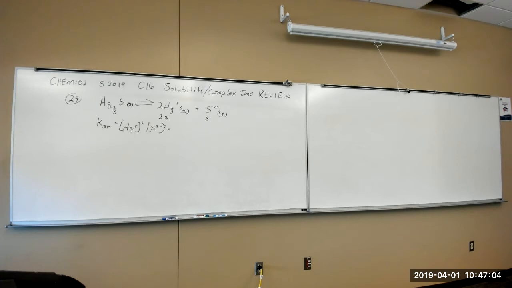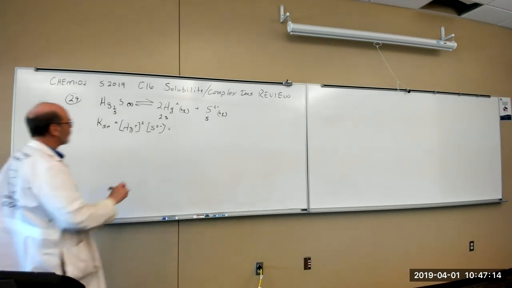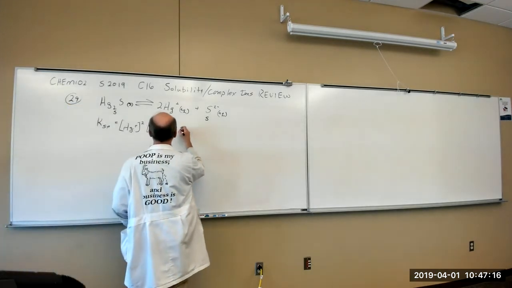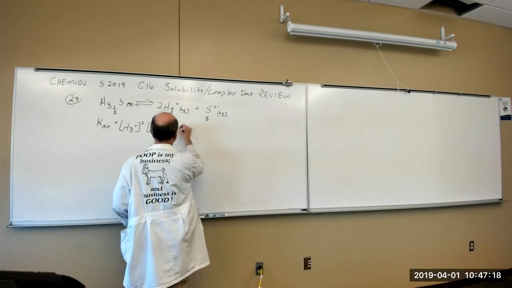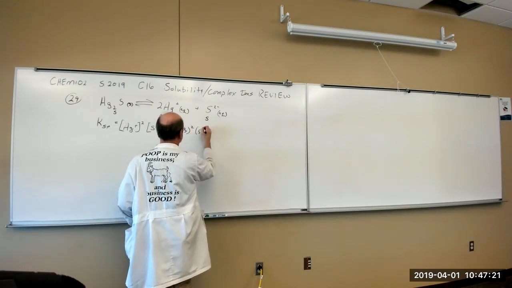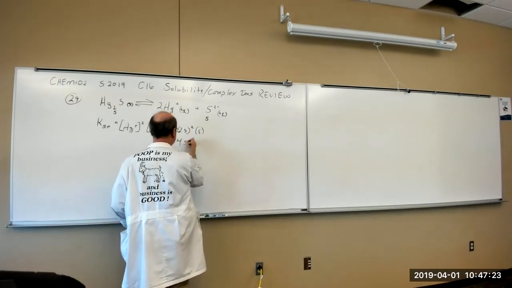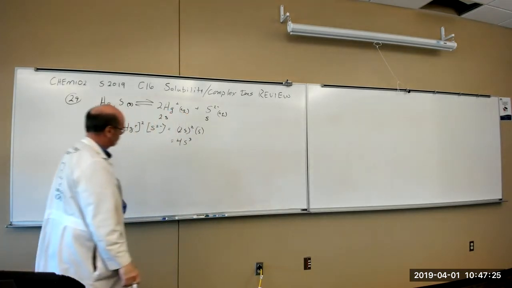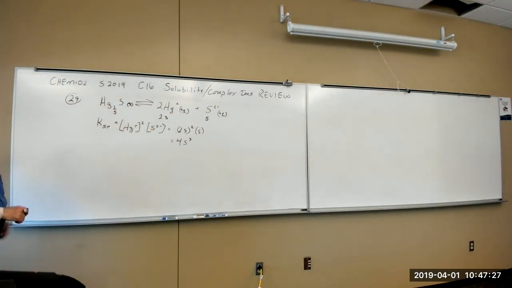Or S to the third, letter D. That's what I get. So we get 2S squared times S, right. 4S to the third. Yep. 4S to the third. That's right.